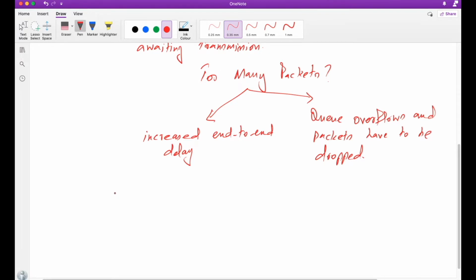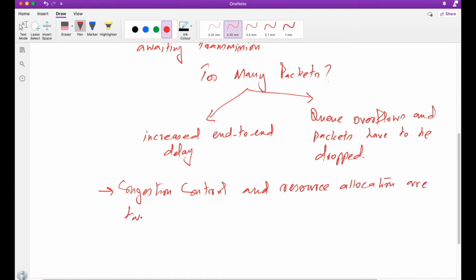But remember, let me write it here. Remember that congestion control and resource allocation, which we want to discuss today, are two sides of the same coin.